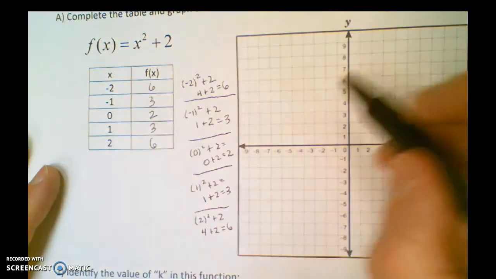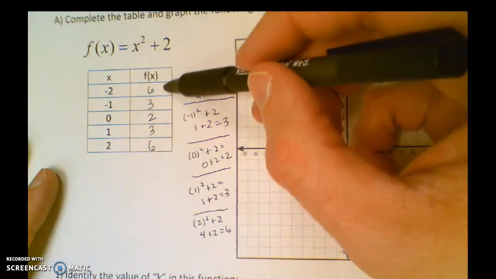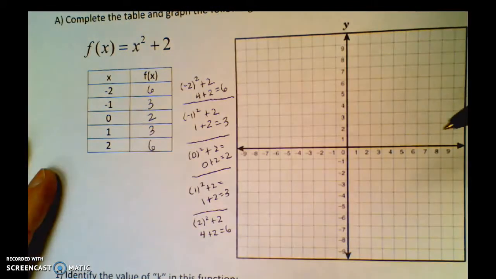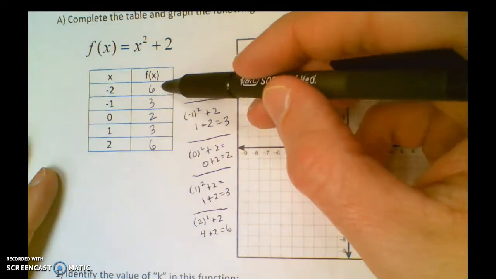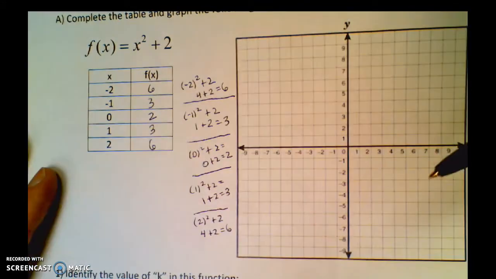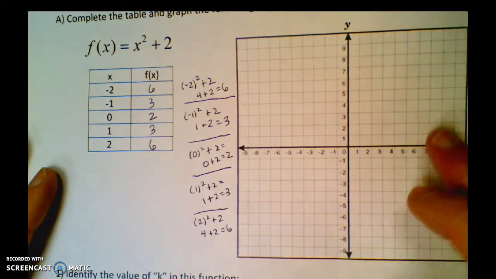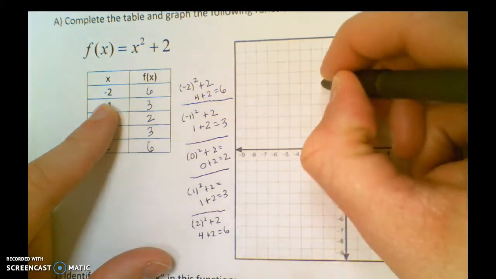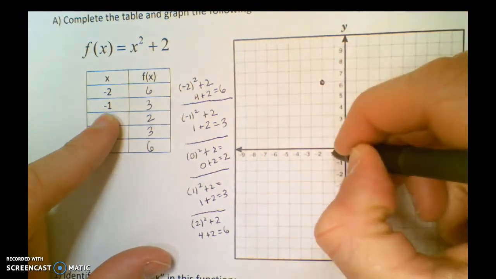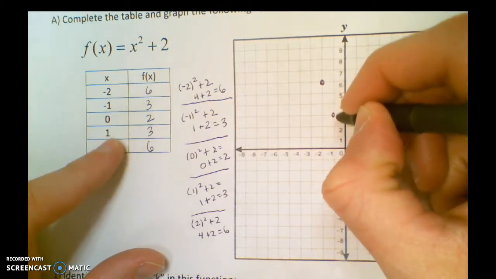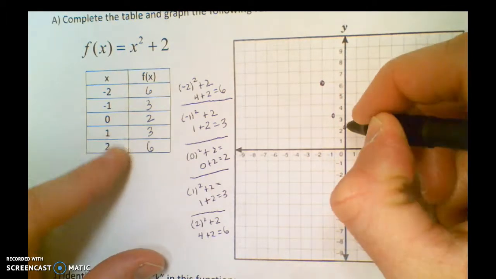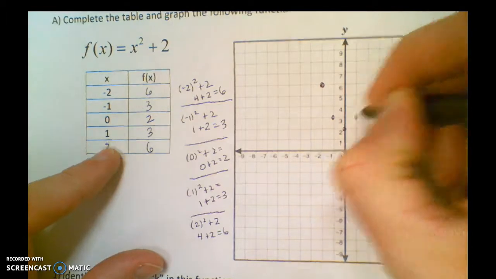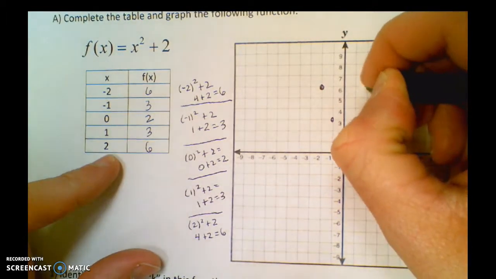Remember, I expect to see symmetrical points on my graph, meaning I should see the same numbers in similar places as I go through. There should be a pattern. So I'll plot these points: -2, 6, -1, 3, 0, 2, 1, 3, and 2, 6.